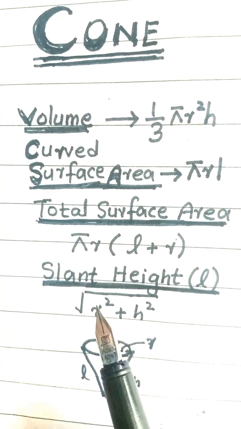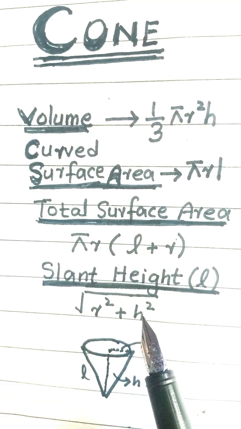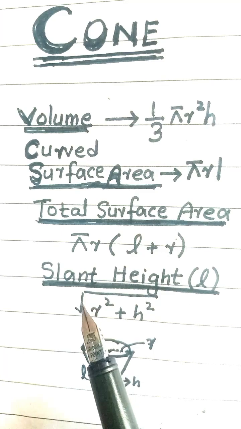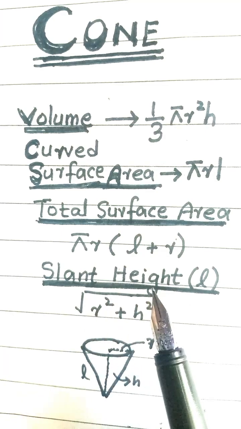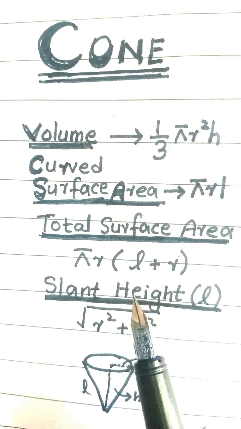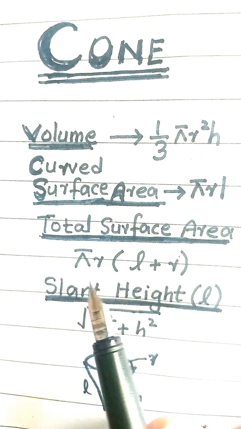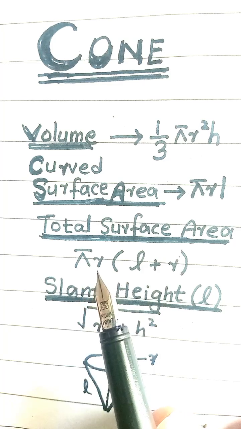Here radius square, height square, under the square root, it is a slant height. Length plus radius, pi r square multiplied.